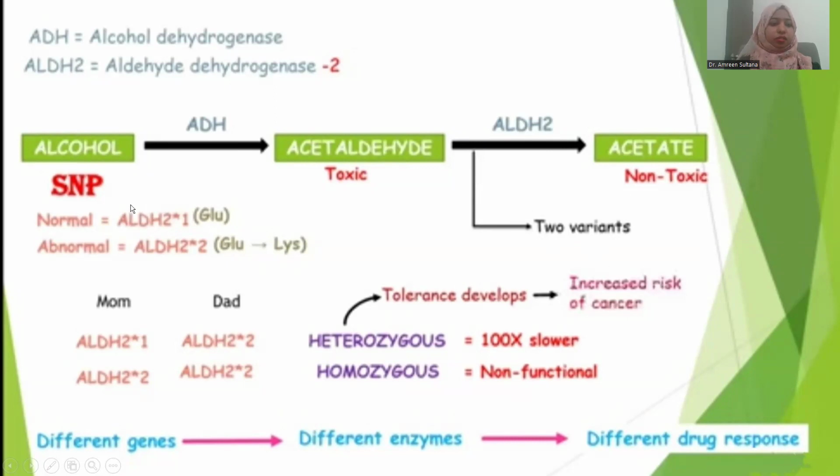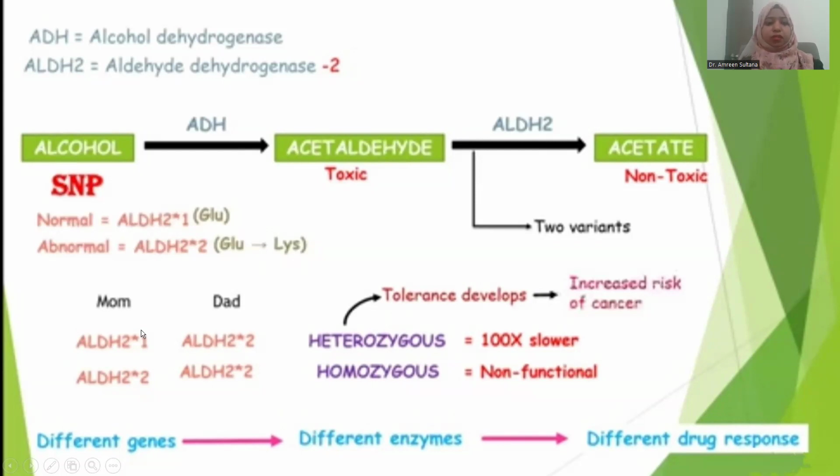The normal one is ALDH2*1, with glutamate. The abnormal one is ALDH2*2, where the glutamate is converted to lysine. Based on the SNP condition, single nucleotide polymorphism, you will get this result.